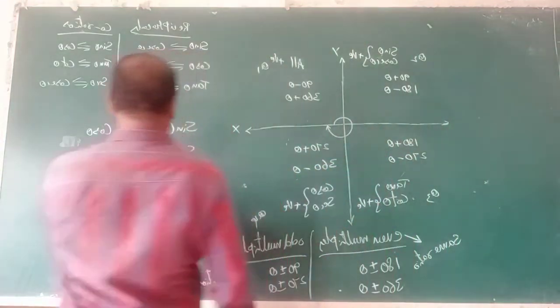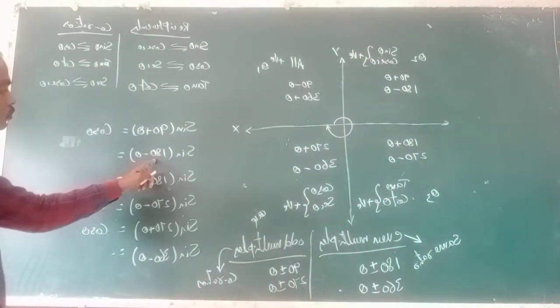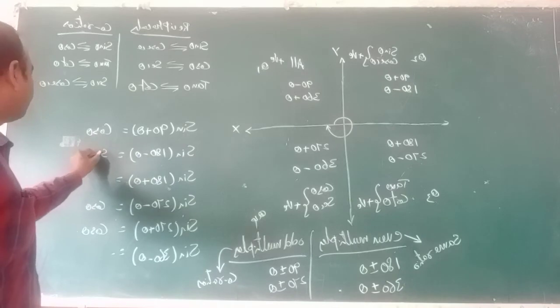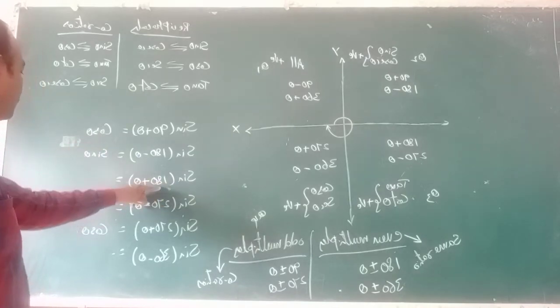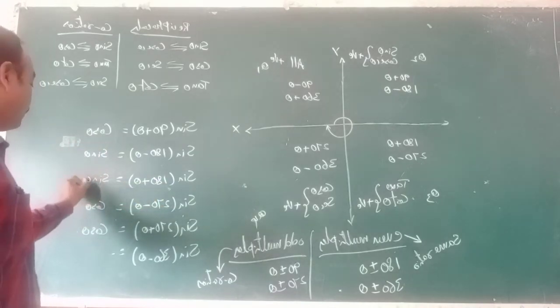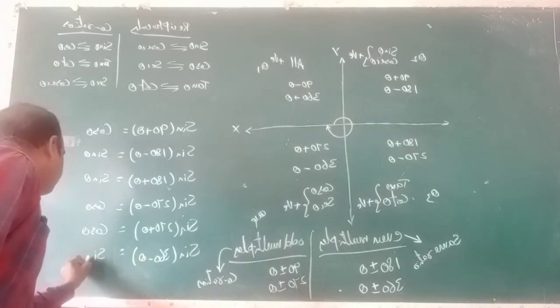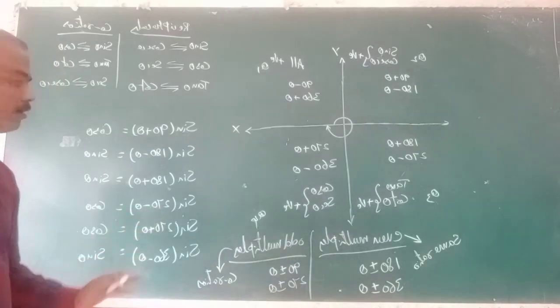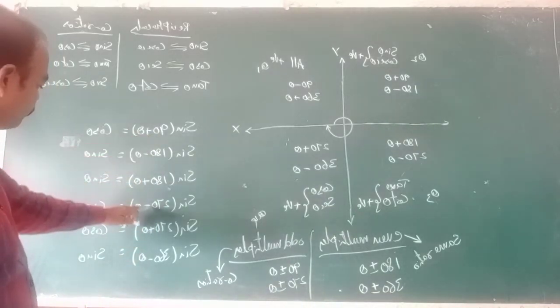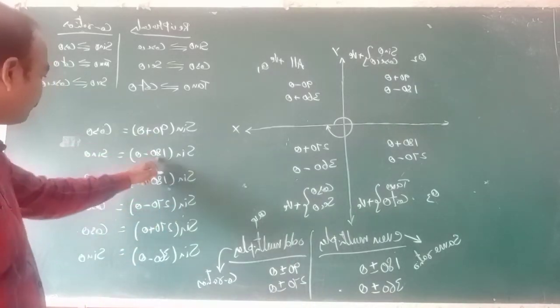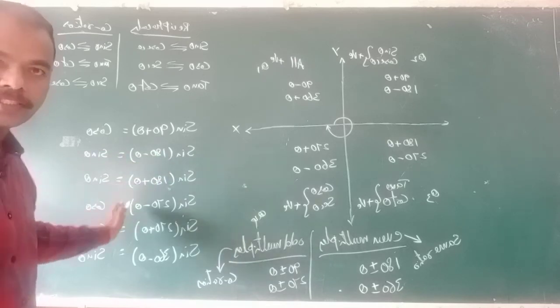See here, sine 180 is an even multiple, so sine becomes sine. Sine 180, here also 180, so sine becomes sine theta. Here 360 is an even multiple, so sine becomes sine. So wherever odd multiples, we take their co-ratios, and wherever even multiples, we take their same ratios.